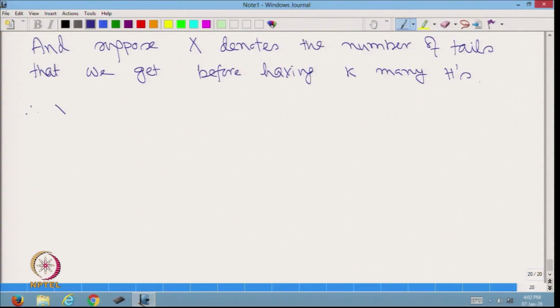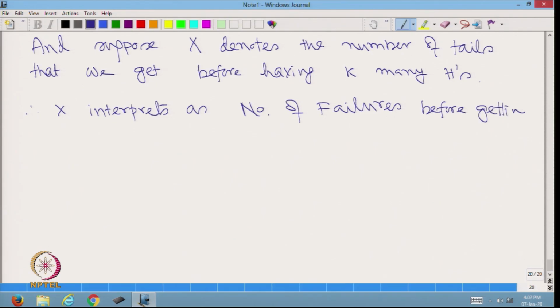Therefore, x interprets as the number of failures before getting the kth success. So, k is a parameter of the distribution. So, that has been fixed.